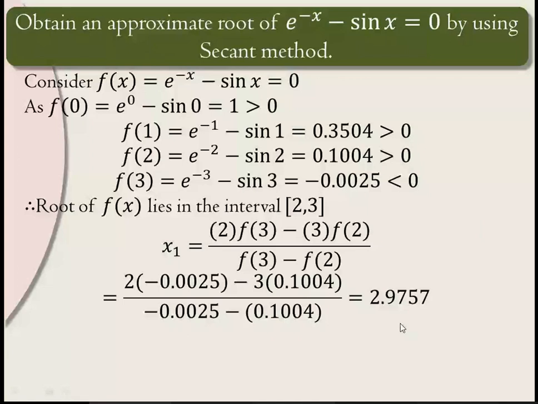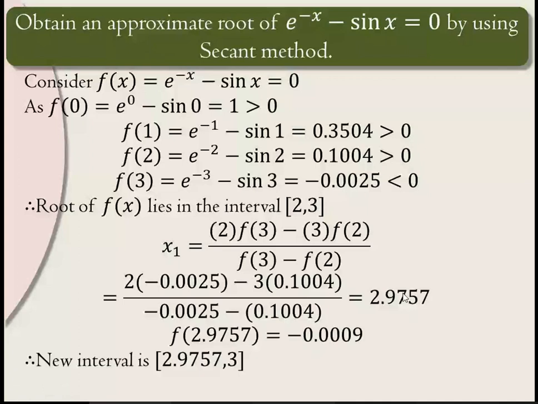So the new interval will be between 2.9757 and 3. Remove the first point. Now we find the value of this function at x1, that is 2.9757. It is minus 0.009. We don't have to worry about the sign of this term. It may be positive or negative, doesn't matter.